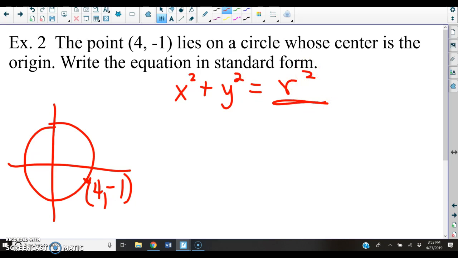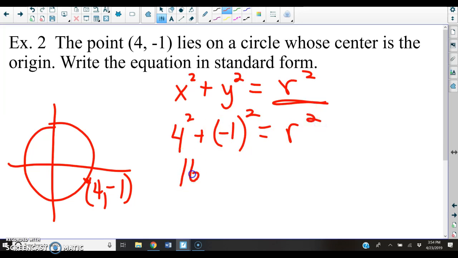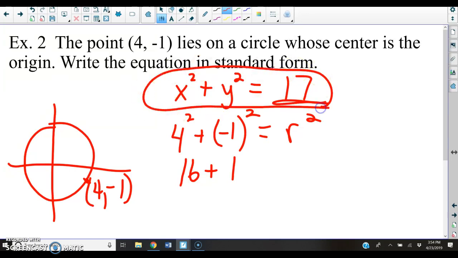I have a point (4, negative 1) that makes the equation true. So this would be 4 squared plus negative 1 squared equals my radius squared. Well, that's just 16 plus 1. So instead of radius squared here, I'm going to make that 17. And I've finished. There's the equation I'm looking for.